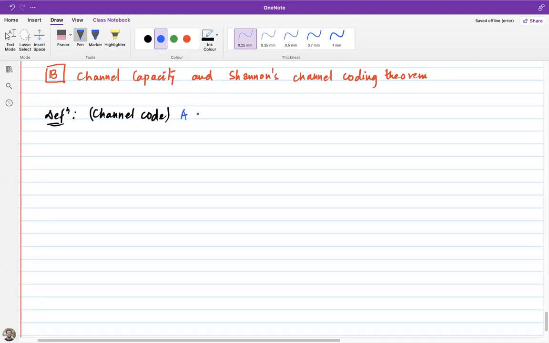So a channel code is typically specified by two parameters. First is the length.